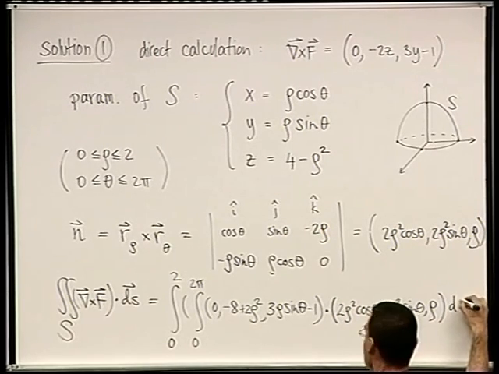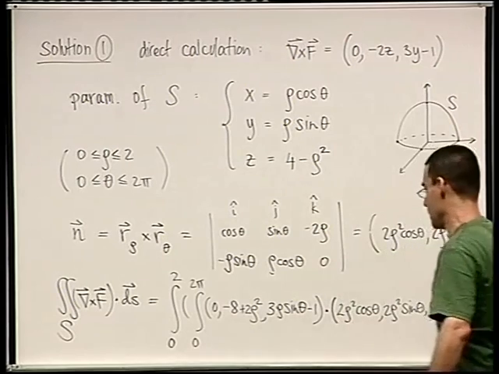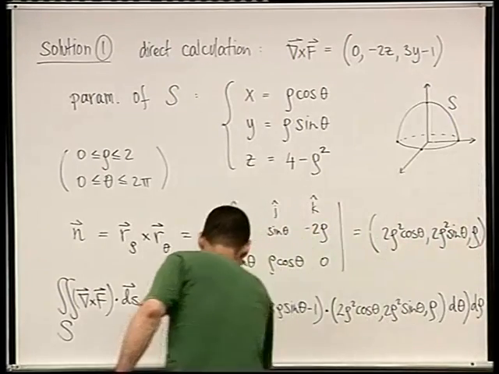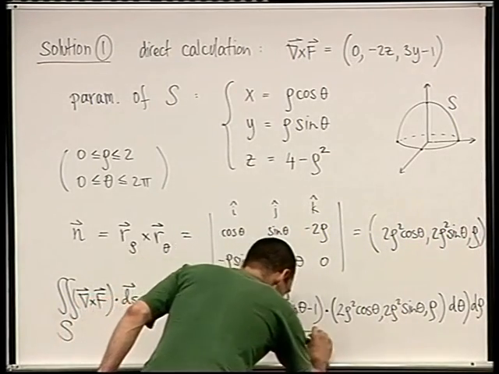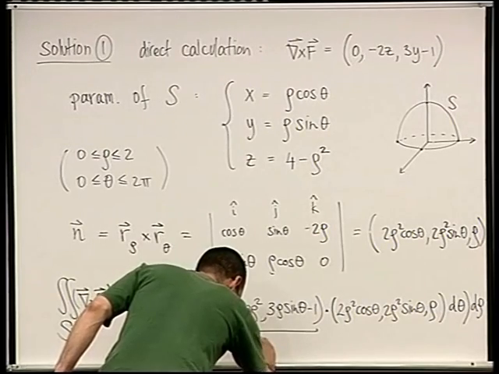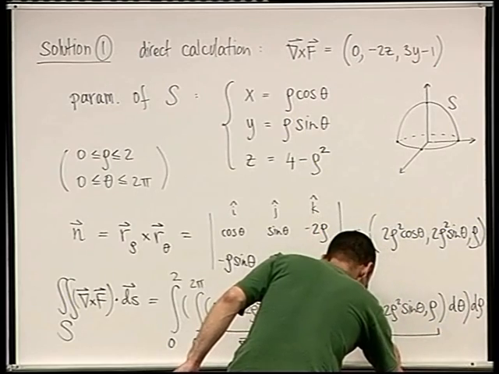And then there was d theta d rho. This is how we calculate a surface integral. This is the direct calculation.